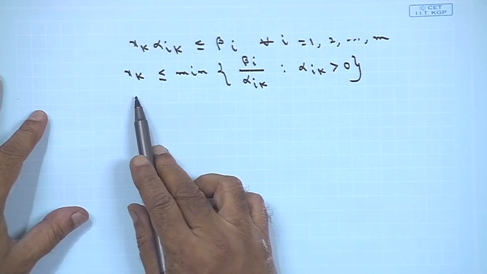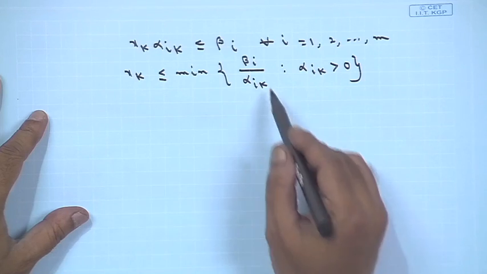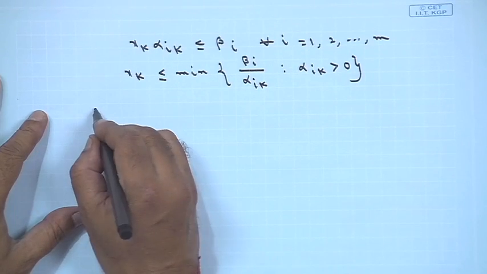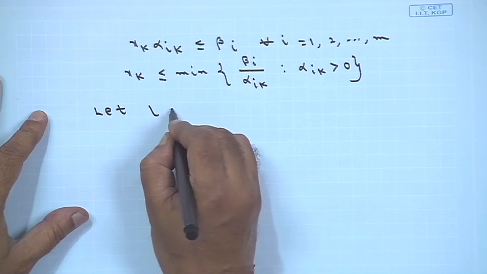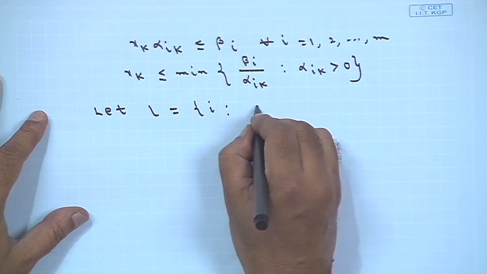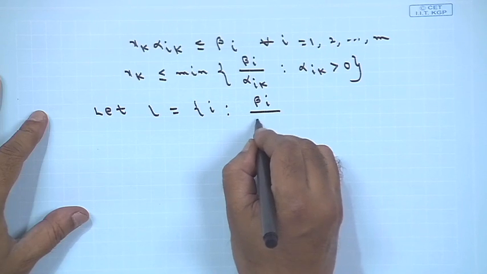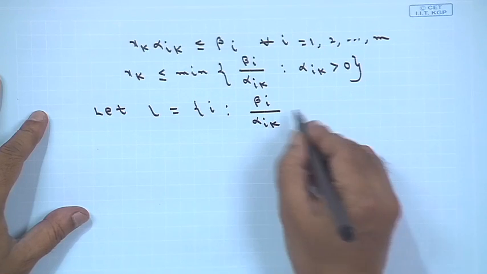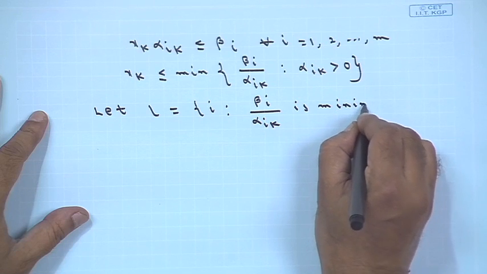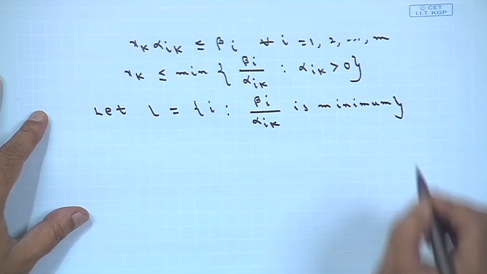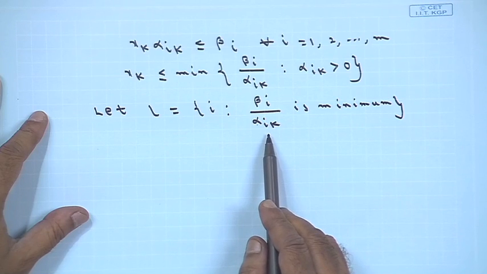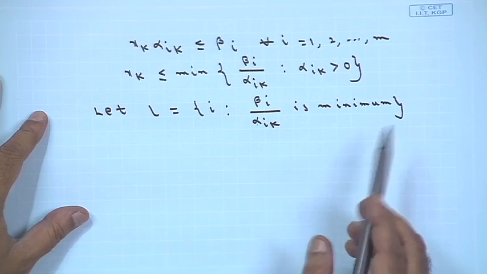So, x k now we are saying it should be minimum of any one of this, where I varies from 1 to m. Let L equals I such that beta I by alpha I k is minimum.